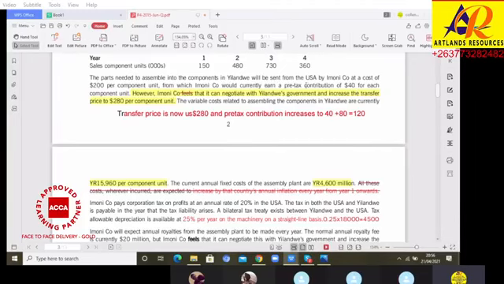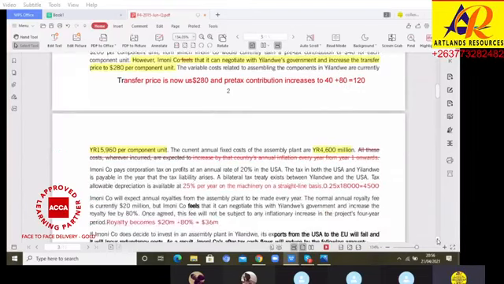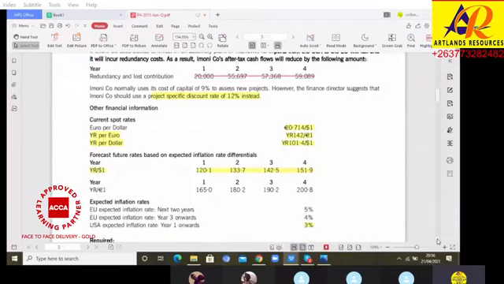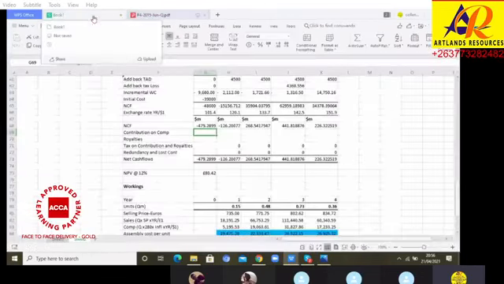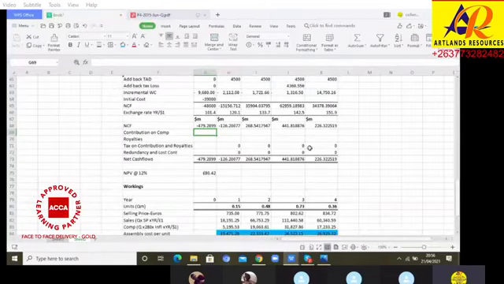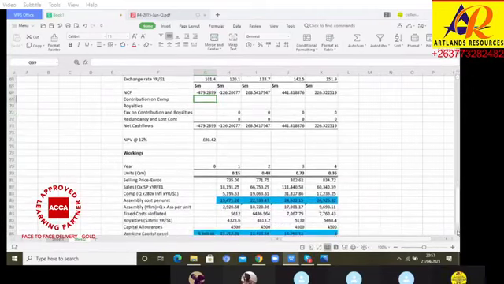Now if you increase the price to 280, contribution becomes 40 plus 80, which is 120. But this is going to increase with inflation, with the US inflation. So we are going to say 120 times 3% inflation. Remember, we are now working our cash flows in dollars, so there's no more need for an exchange rate.